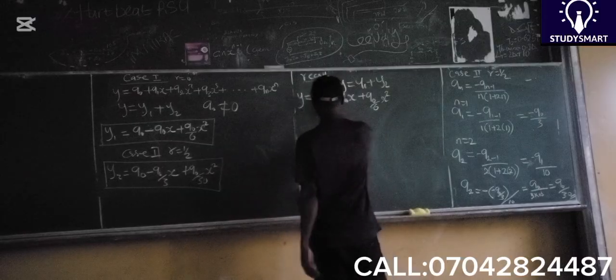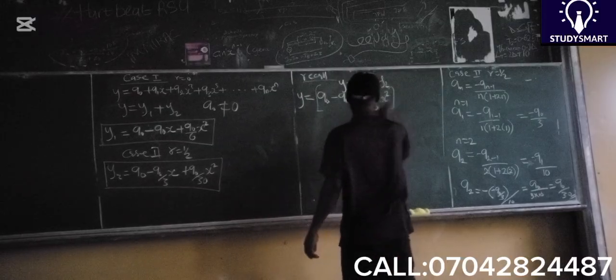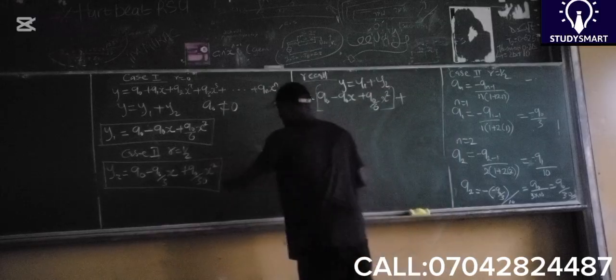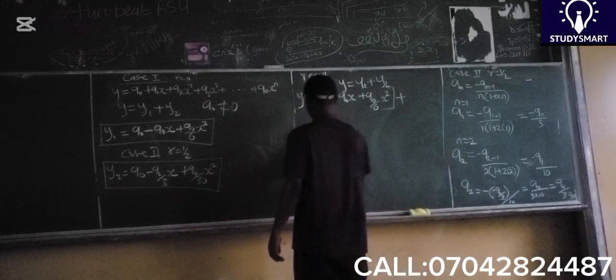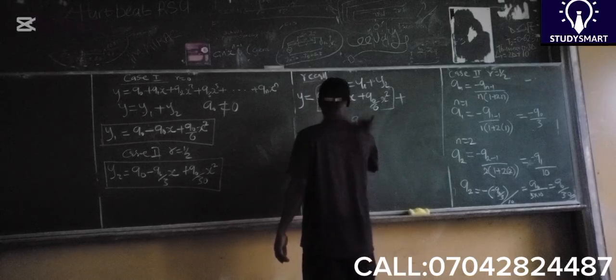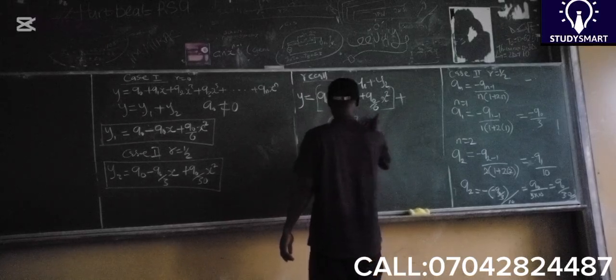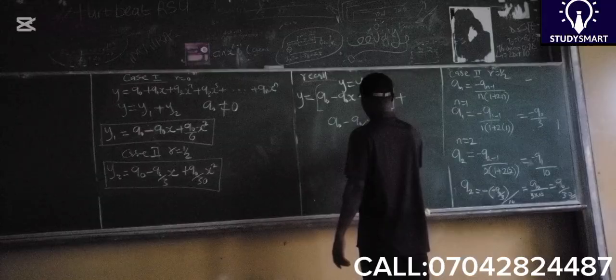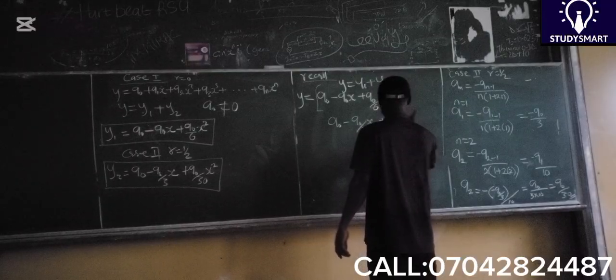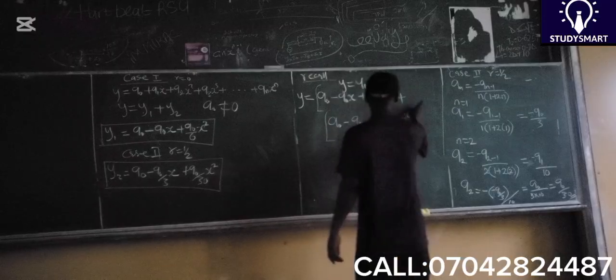So that's where it ended. This is Y1. Then plus my Y2 becomes this, which is a naught minus a naught over 3 x, then plus a naught over 30 x squared.